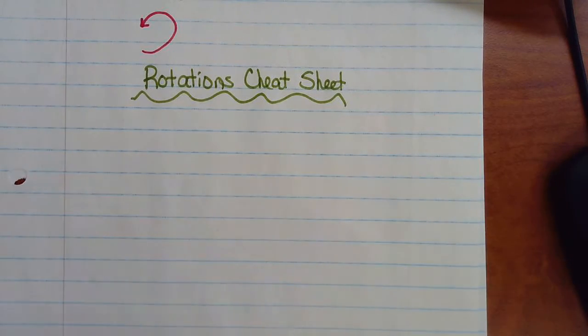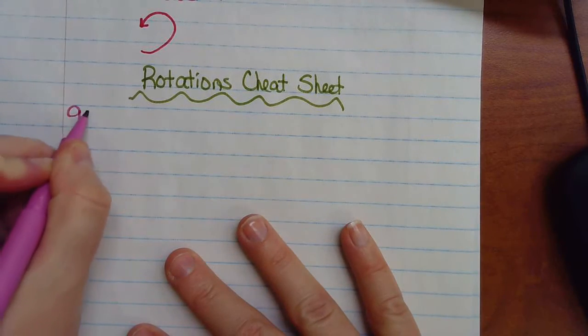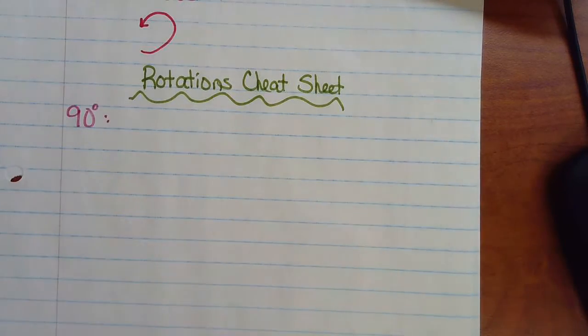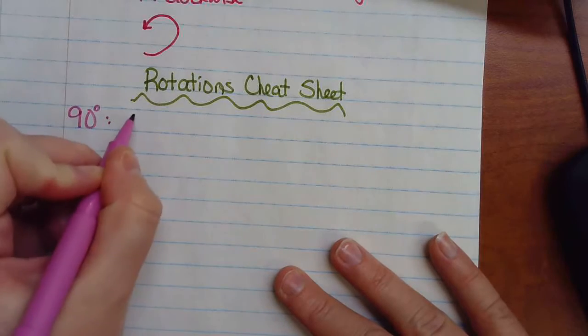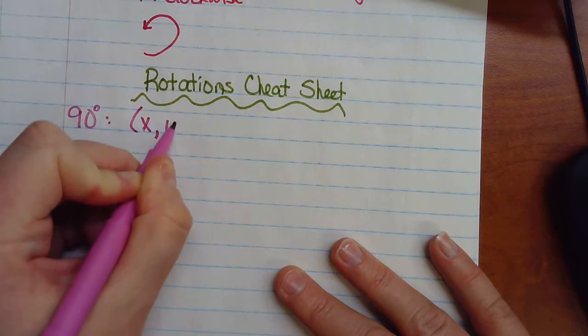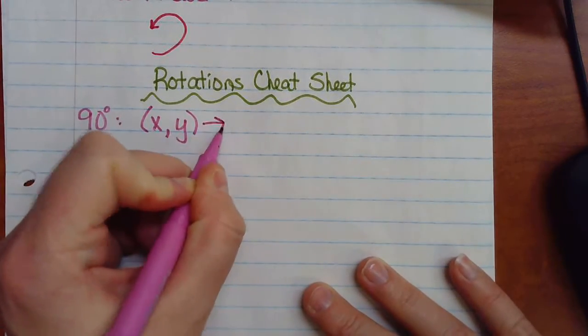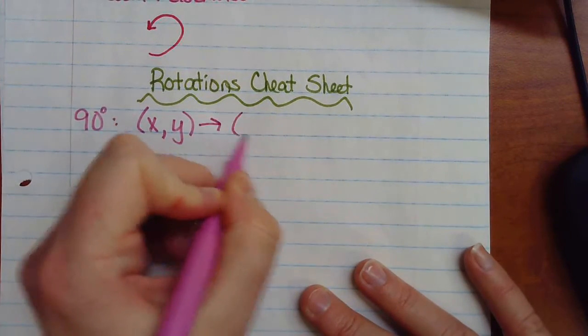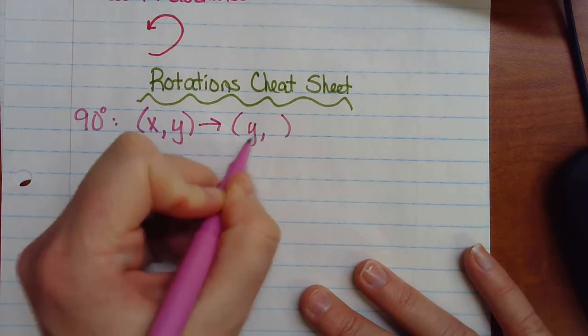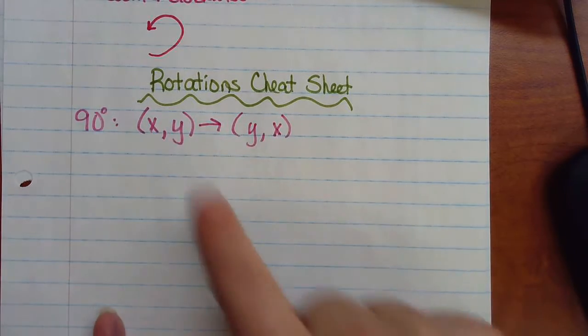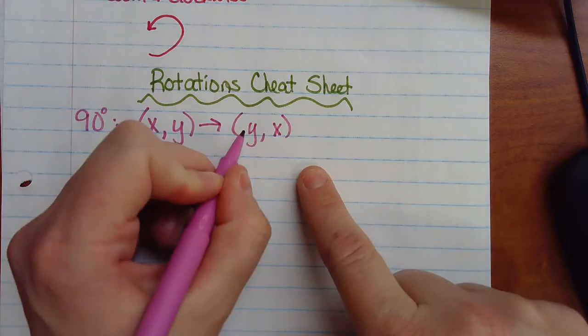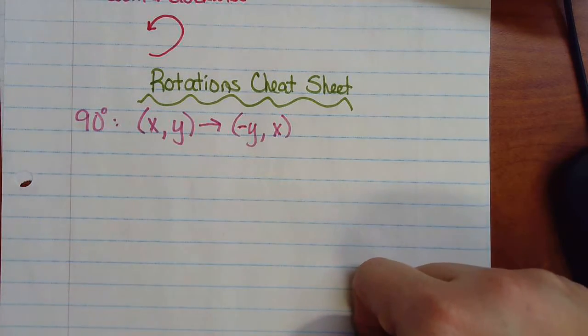The first one is a 90-degree rotation. If you rotate 90 degrees, you take your X, Y coordinate. You're again going to be given points, an X and a Y. You take your X and your Y and they flip-flop spots, and whatever that Y value was, it changes signs.